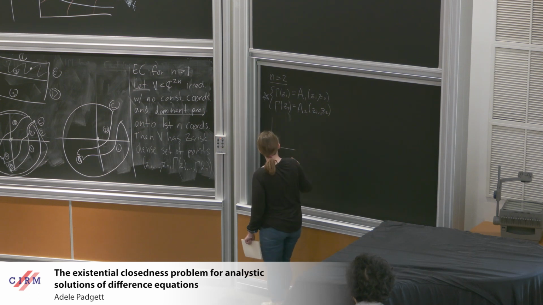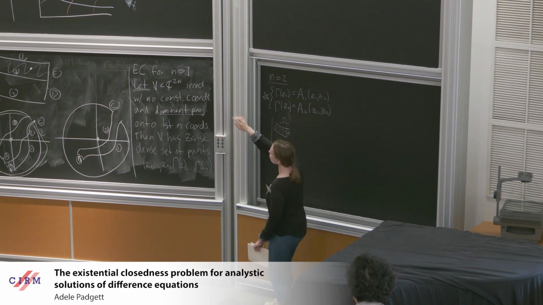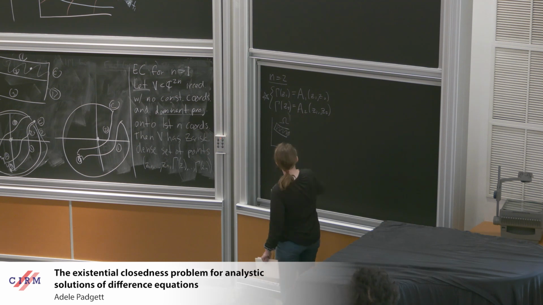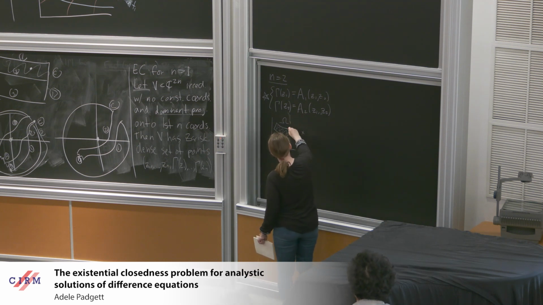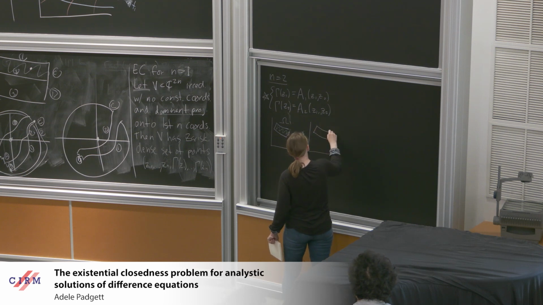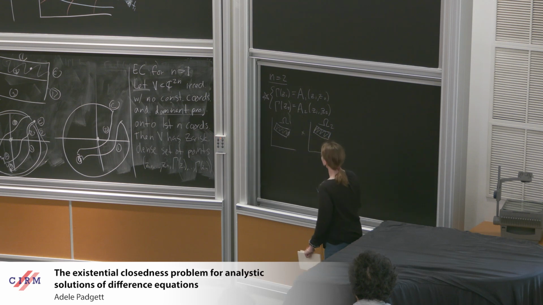And roughly the idea is now we want to take two kinds of these curves that I drew here, so that the region bounded by the first curve be omega 1. Let the region bounded by the second curve be omega 2.